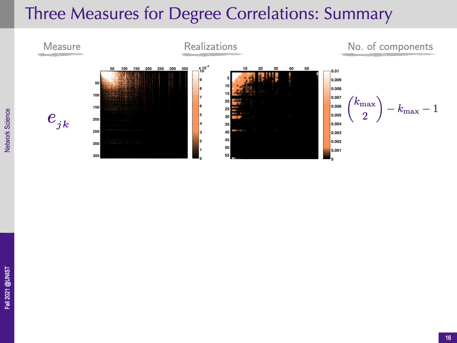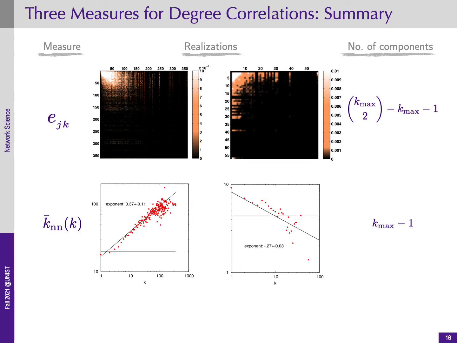This is the most comprehensive measure in a sense that it counts all the possible combinations of degrees existing in a network. And by observing the distribution of this probability, we can tell if the network is assortatively correlated or disassortatively correlated or no correlation at all.